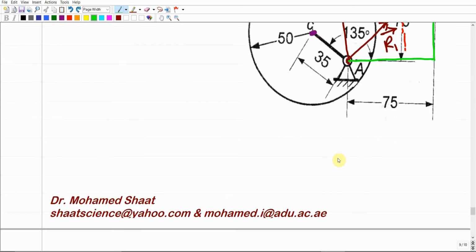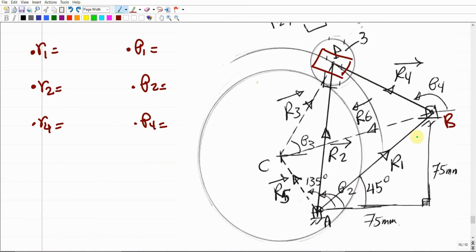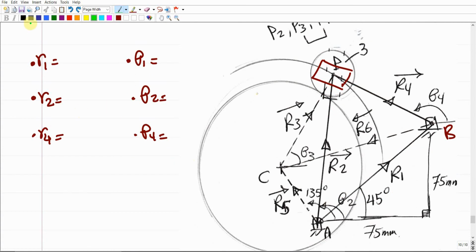All right? So simply R1 is the hypotenuse of this 90-degree triangle, so R1 is definitely going to be 75 square root of 2. This is the value in millimeters, and it should be a constant value. Why constant? Because this is a constant distance.